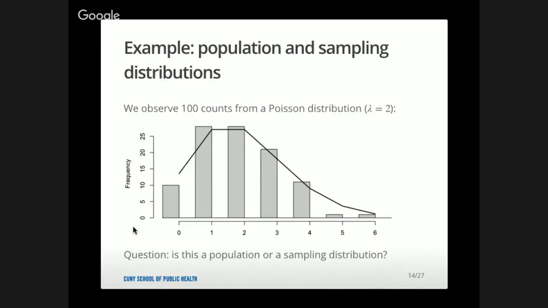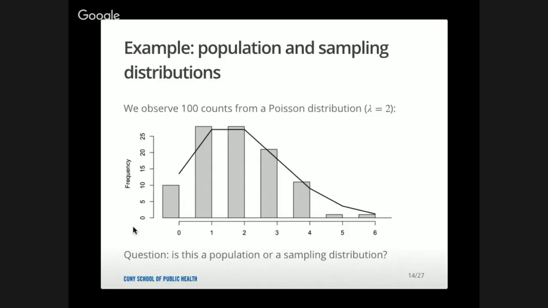This is your test because I spent quite a lot of time explaining the difference between population and sampling distributions. I want to make sure you'll be able to distinguish them. It's a sampling distribution. Why is that? Because we are observing 100 counts, but from a Poisson distribution.